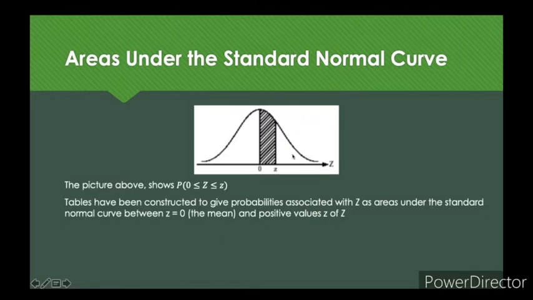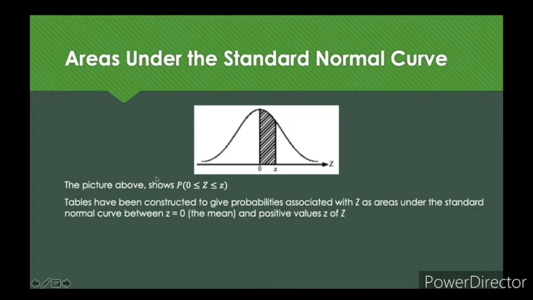This picture shows the probability of the standard normal distribution from 0 to z. Z represents a certain number. It can be 1 maybe, or 2, or 1.2, or 1.3, or 2.5, and any kind of number.